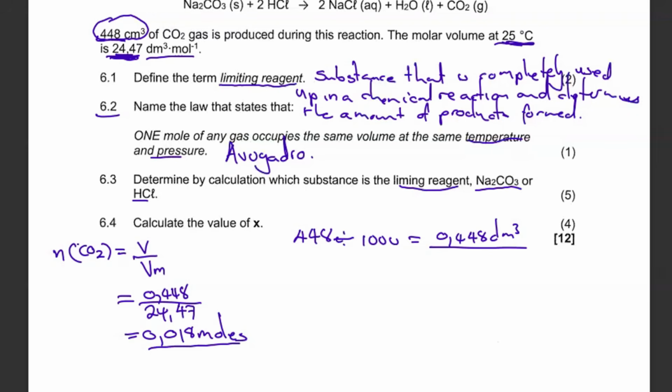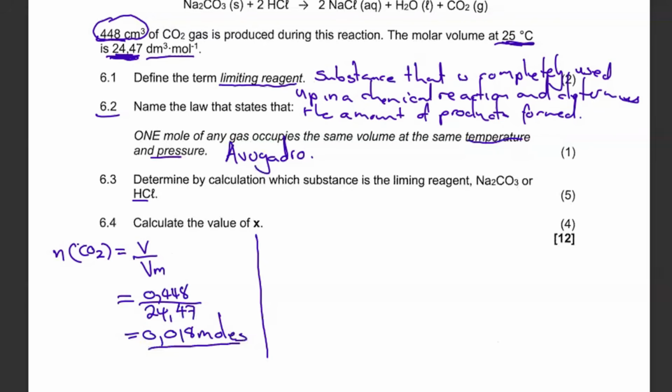Then the next step here, we're supposed to calculate the mole ratio. Let me erase, create space, remove the conversion. So remember, to convert from cubic centimeters to dm cubed, you divide the given value by 1,000.